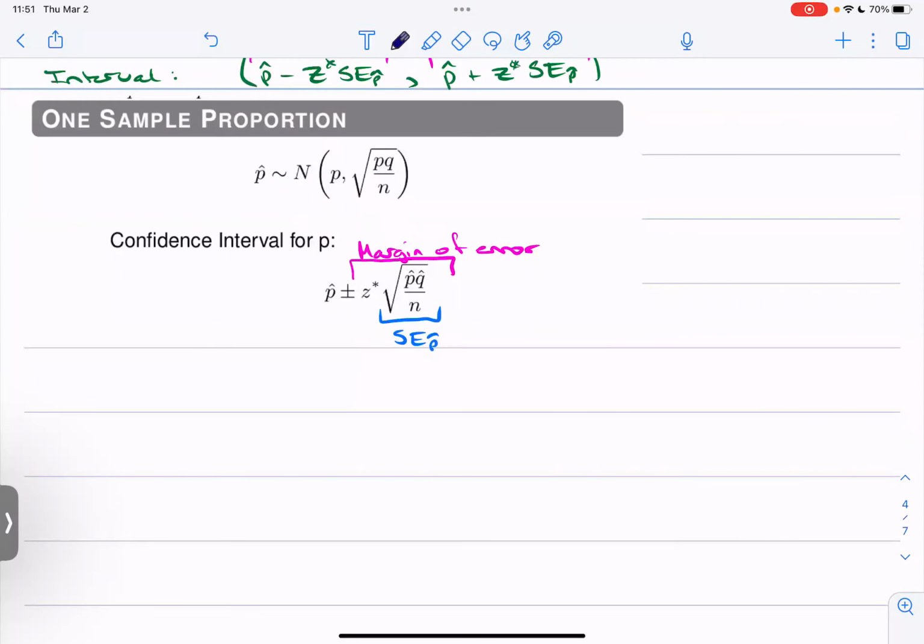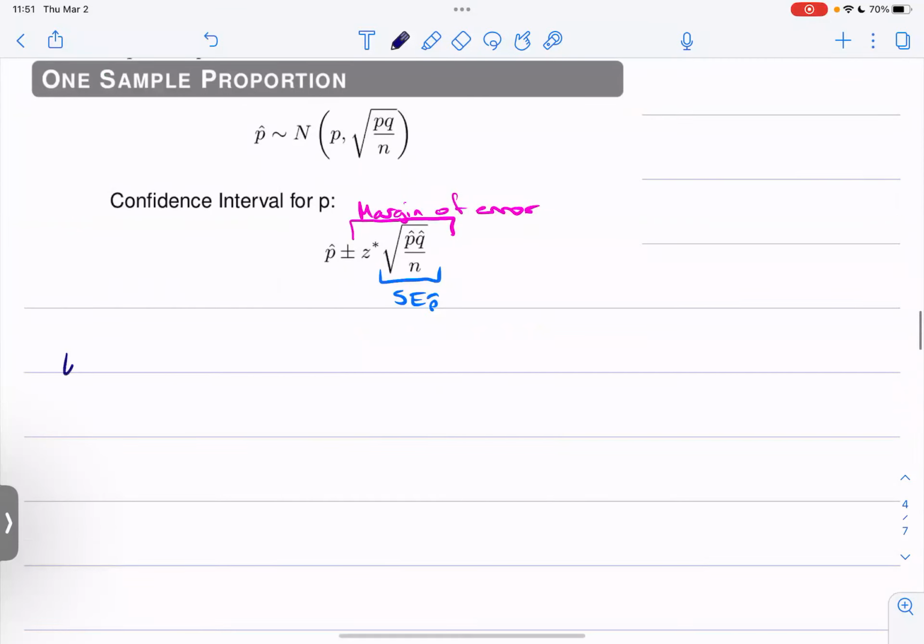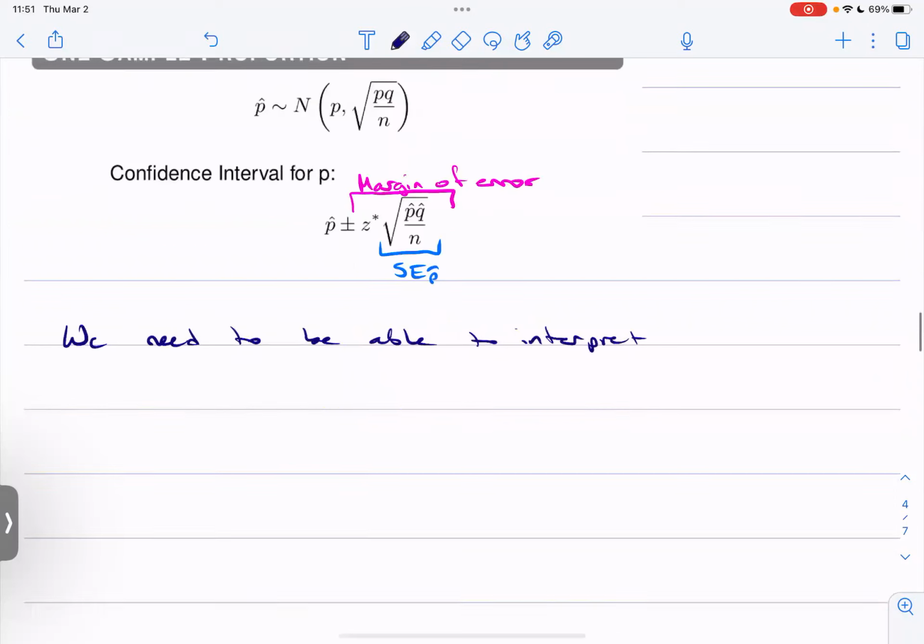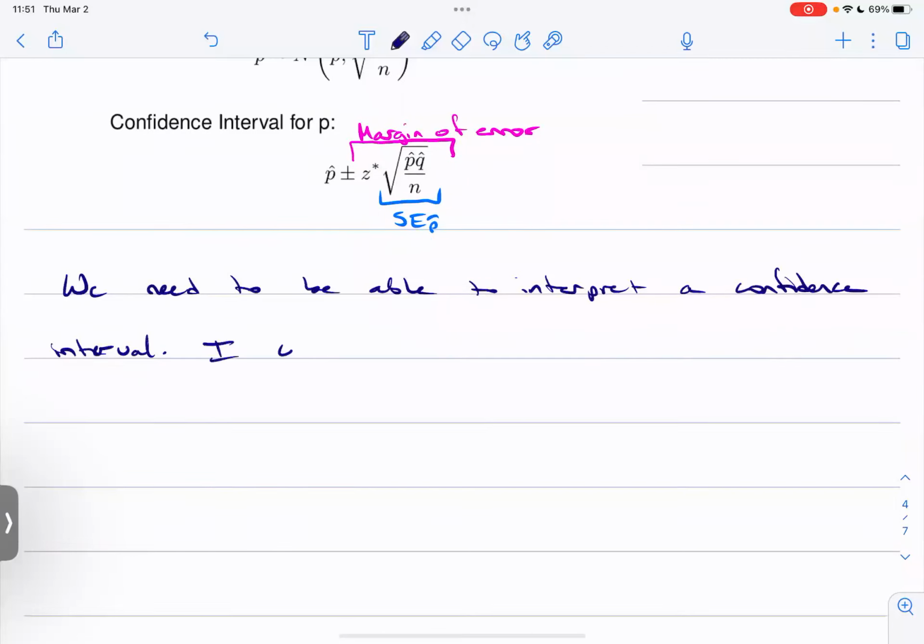Okay. So we need to be able to interpret a confidence interval. I want you to use the following format.